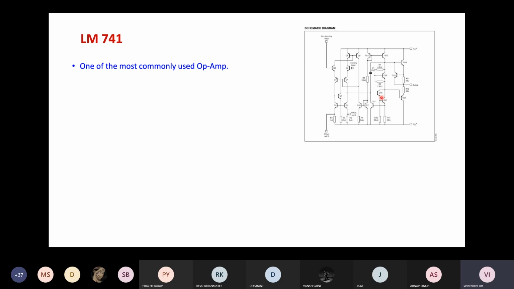This is the op-amp circuit. And understanding this circuit actually needs more technical knowledge of transistors that you would only obtain in your coming courses. We don't have that much time in this course.